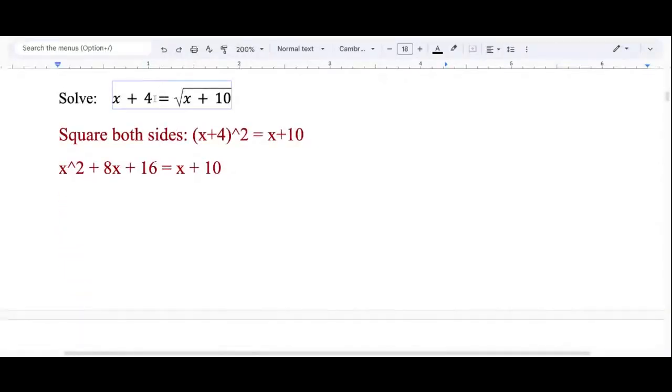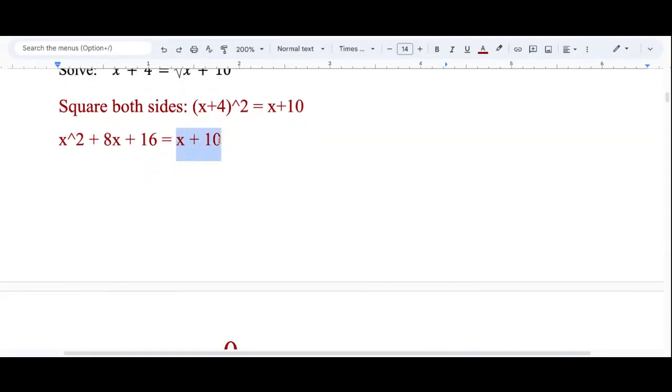Let's see this example. You see, we would square both sides, because when we square, we will free x plus 10 from this square root. So we square both sides, we get x plus 4 squared equals x plus 10. Then we expand on this side, we get x squared plus 8x plus 16 equals x plus 10.